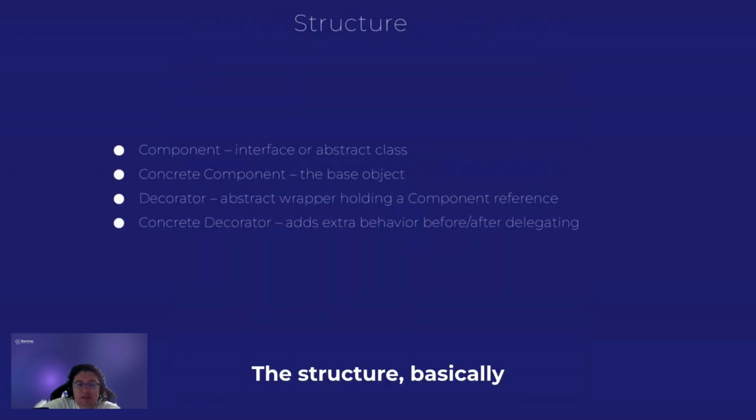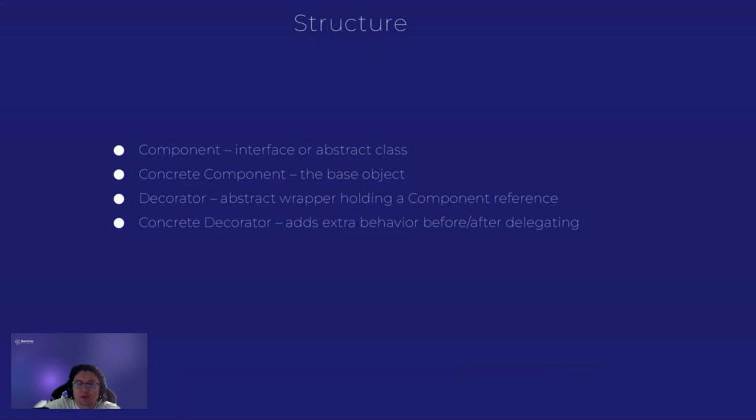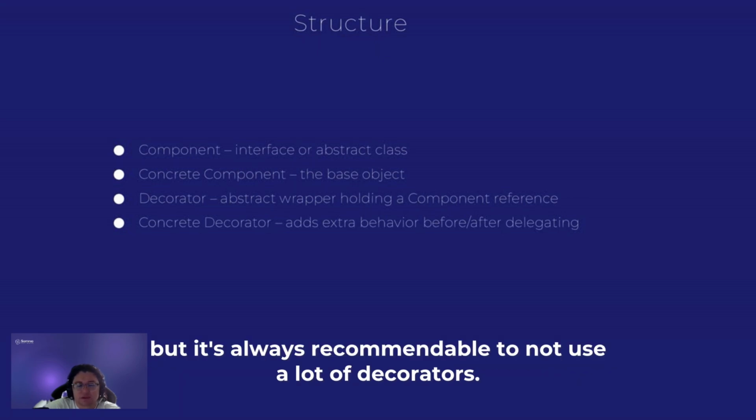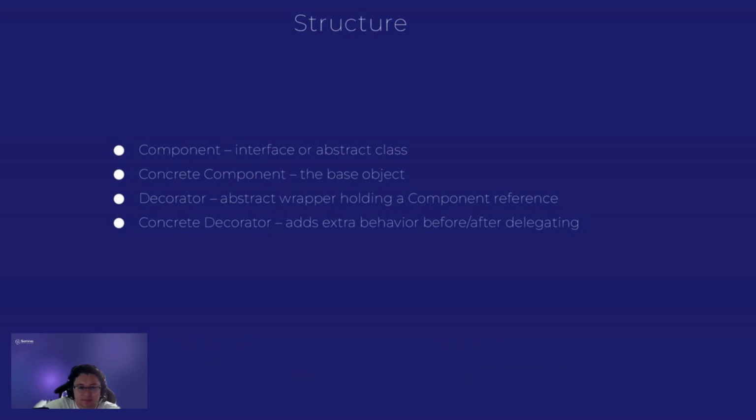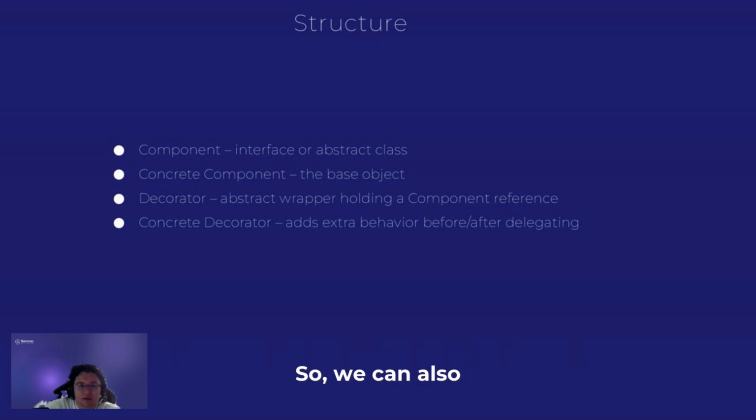The structure, basically what we saw in the example: the component, the concrete component, the decorator, and concrete decorators. We can use as many decorators as we want, but it's always recommendable not to use a lot of decorators, because there will be a stacking with each new decorator. So we can also make very confusing code.